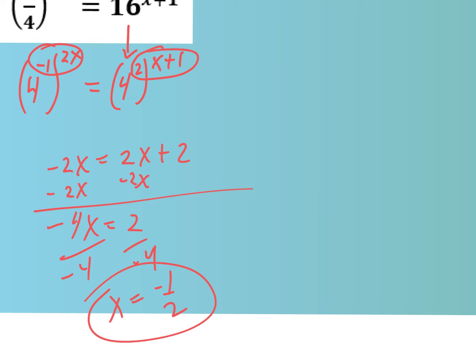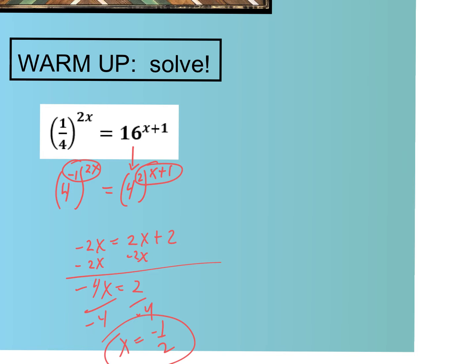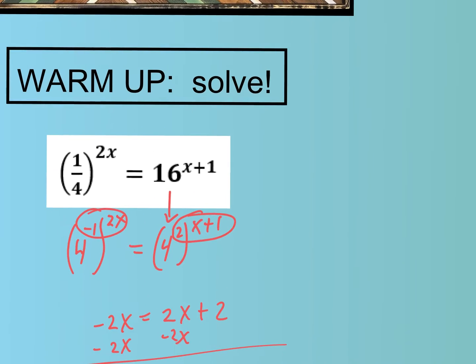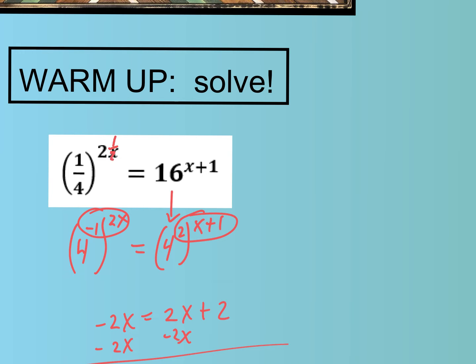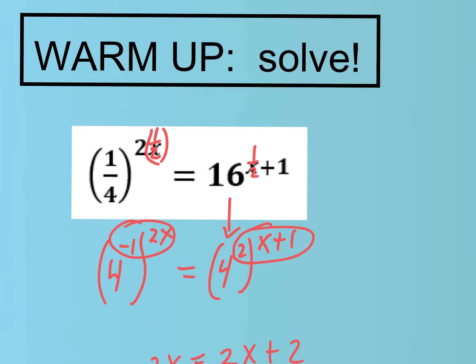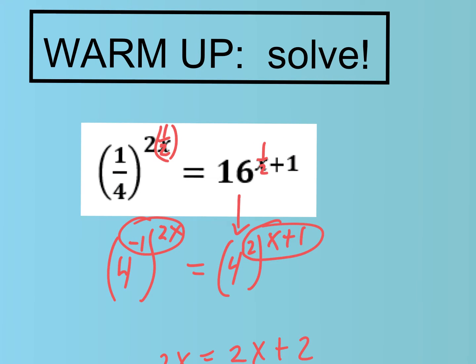Now, if I was questioning myself saying, I wonder if I did that right, I would go back up and put it in here. And I'm challenging you right now, everybody, put in negative 1/2 and see if this thing actually works.